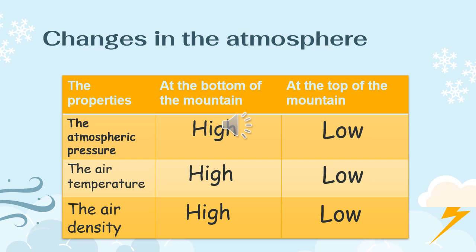Do you know why the upper part has low temperature? Super, because as the height increases by 150 meters, the temperature decreases by 1 Celsius. So the upper parts of the mountain are covered with snow.